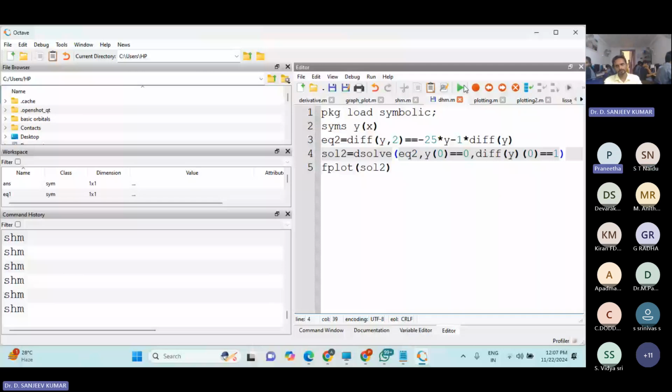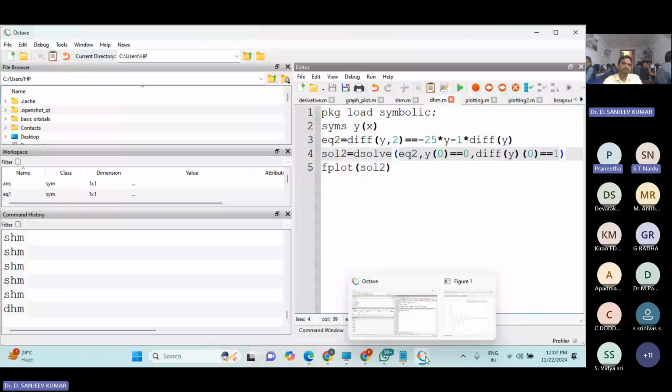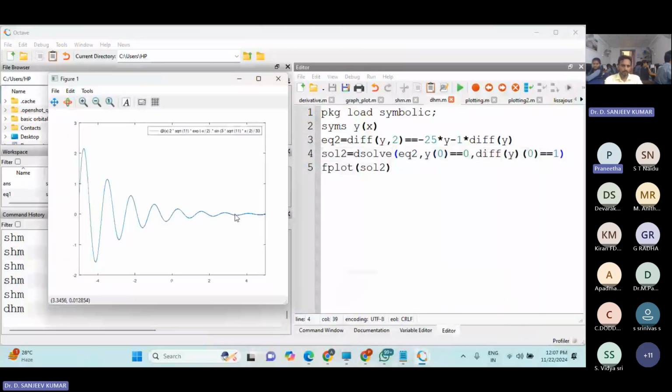So if I run the program, get a nice damping harmonic oscillator.